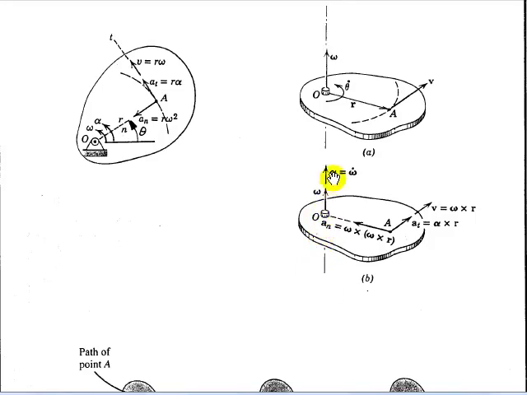Then we will say that, first of all, this object has a rotation vector which is perpendicular to the plane in which the rotation is happening, and passes through the point. So our rotation vector omega would be an omega in the z direction only, if the plane would be x and y directions. So this would be an omega in the k direction on both of these pictures. So we have a fixed point on an object rotating in a plane. The object is described in the plane.